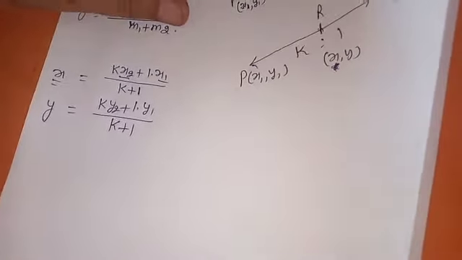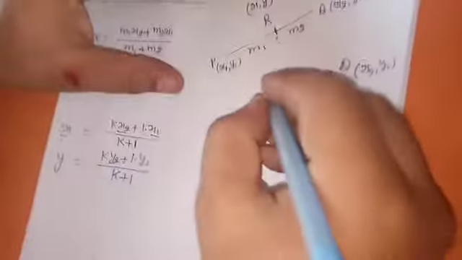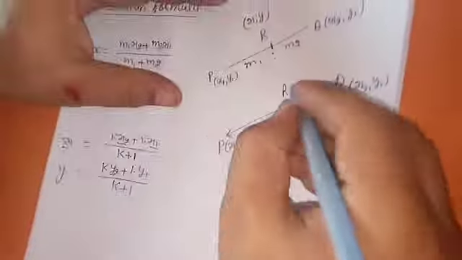In a special case, if R divides in the ratio 1 to 1, an equal ratio, this is a line segment with point P, point Q, coordinates x1, y1 and x2, y2, and this point R divides it in the ratio 1 to 1. What are the coordinates x and y?